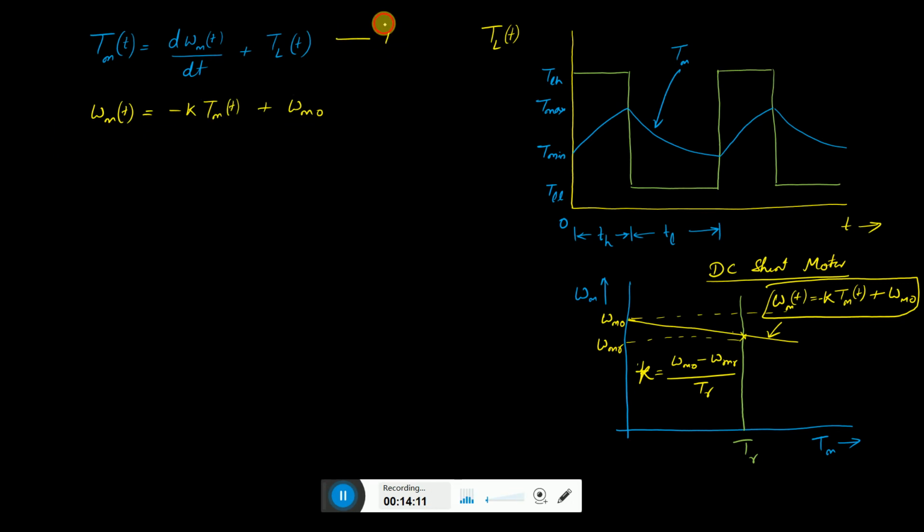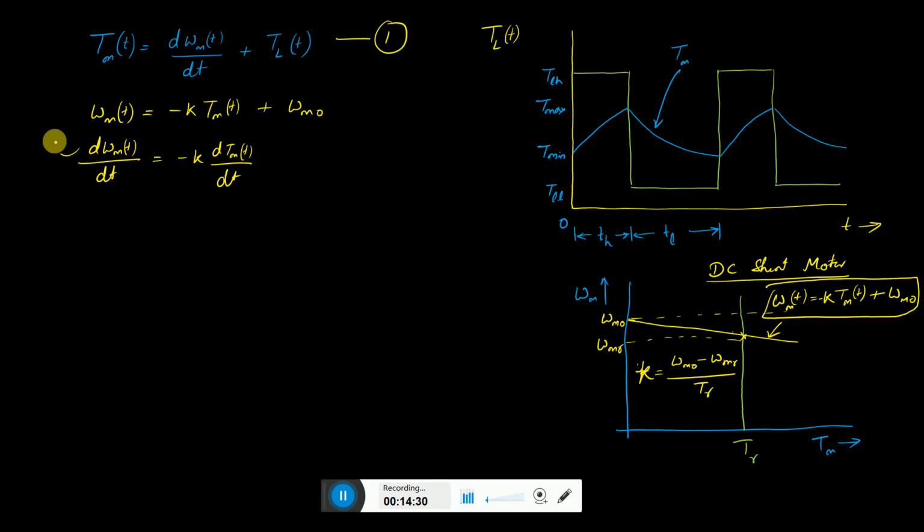Now let us take the derivative of this equation. This is equation 1. What we get is d omega m by dt is equal to minus K dTm by dt. This is a constant, so its derivative will be 0.